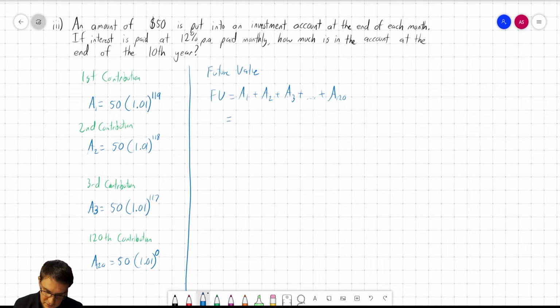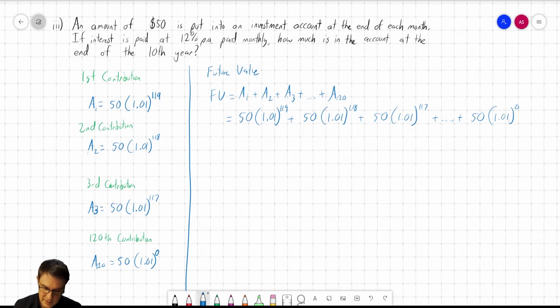Now, if we make these substitutions in, we've got 50 times 1.01 to the power of 119 plus 50 times 1.01 to the power of 118 plus 50 times 1.01 to the power of 117 plus up to 50 times 1.01 to the power of 0 in this case.